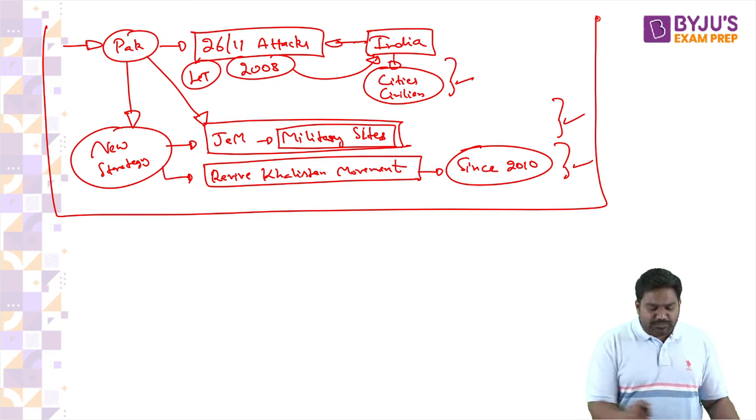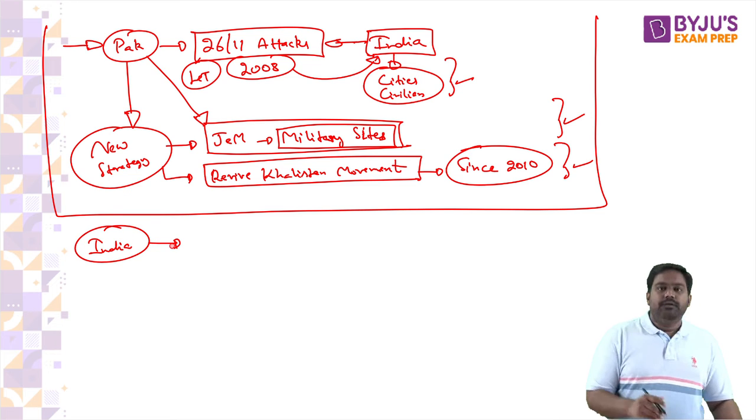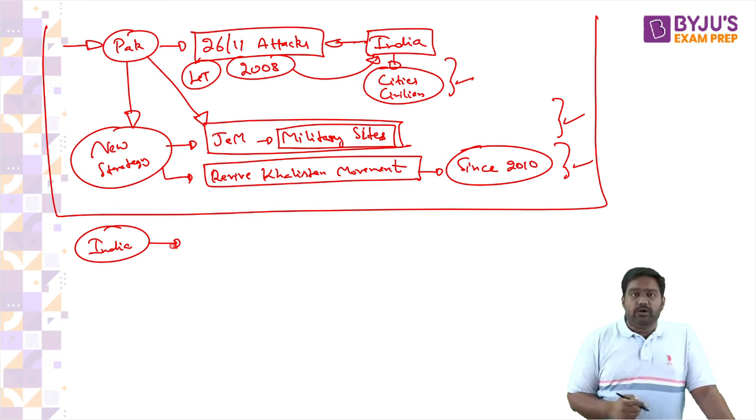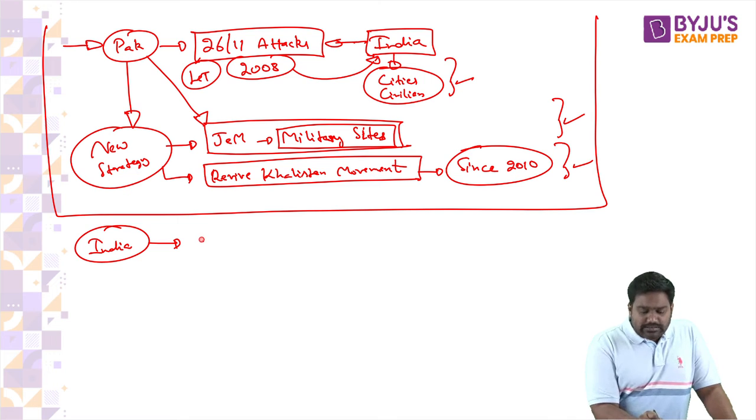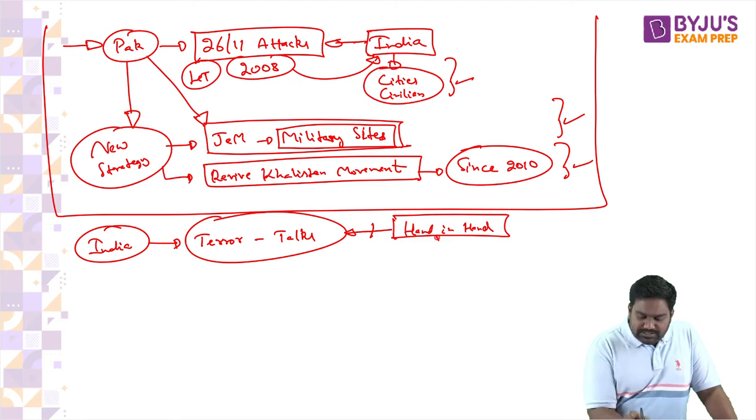Right. This has been India's position since the days of Vajpayee and later Manmohan Singh and even now Modi. We have made it clear that talks and terror cannot go hand in hand. You can't expect us to talk to you and have friendly relations with you when you're constantly sponsoring terrorism against us.